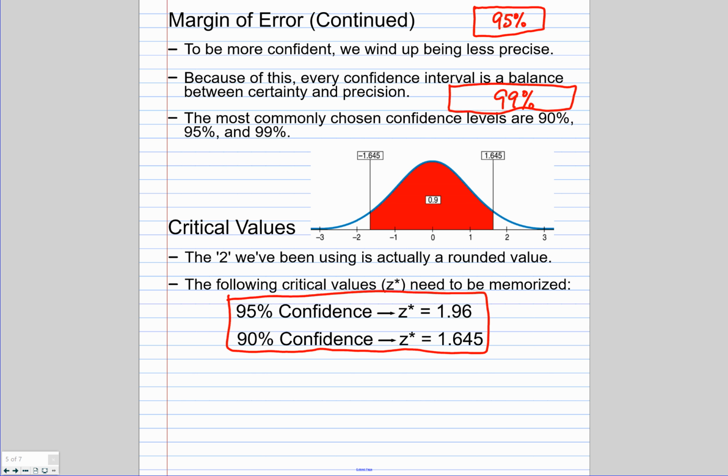For 95% confidence, our critical value is going to be 1.96. My brain just thinks, what comes after 95? 96. That's how I memorize it. And the other one I just memorized. 90% is 1.645. Okay? So make sure you memorize those for our quizzes and tests.